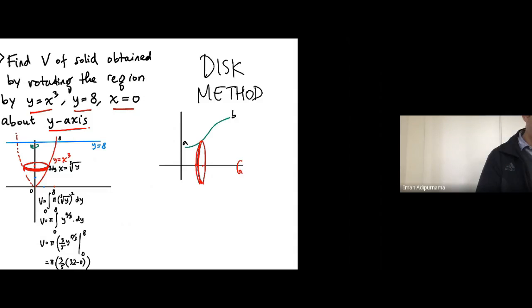If this is a and b, then the volume will be the integration from x equals a to b of pi times, if this is y, then y squared, or let me write y equal f of x.